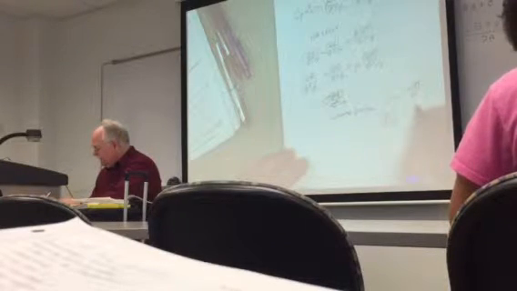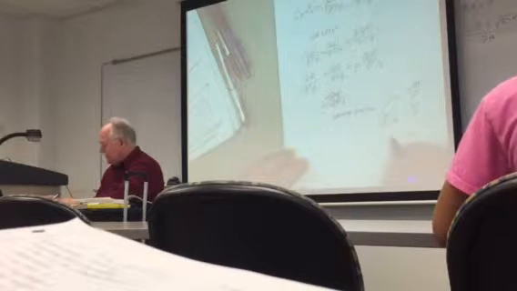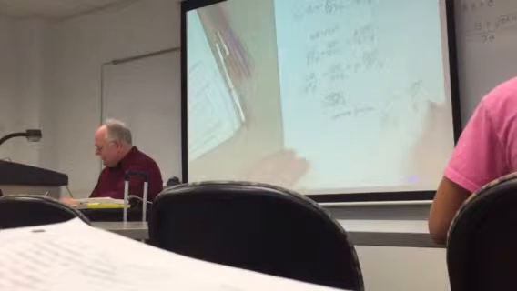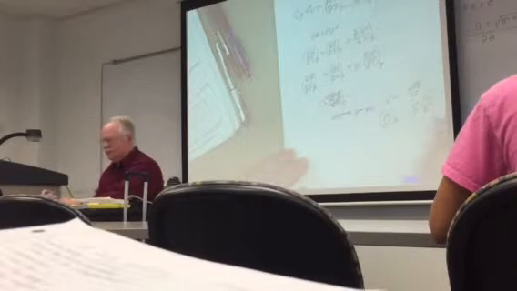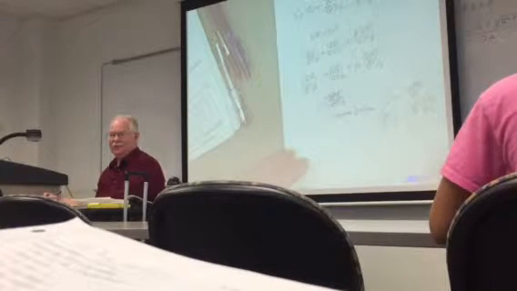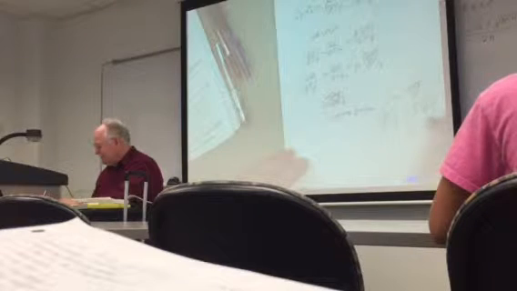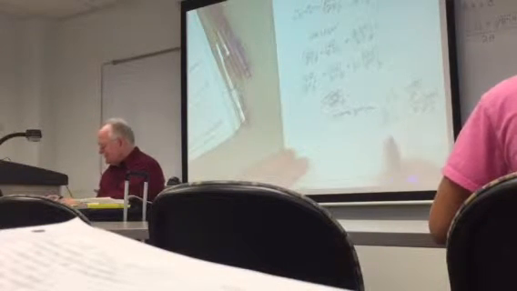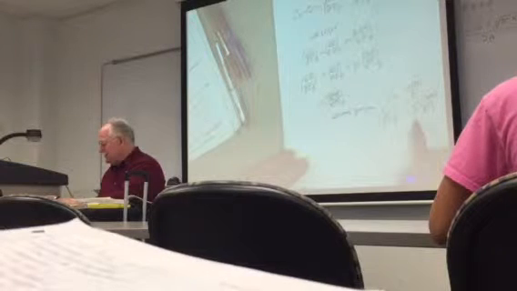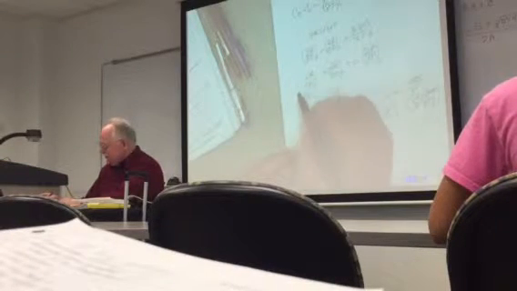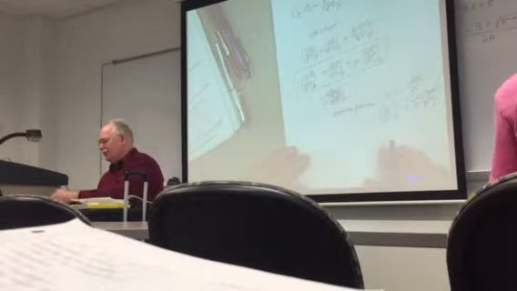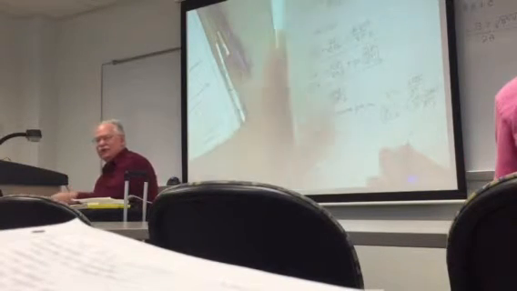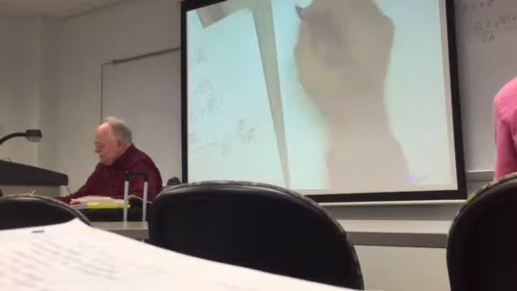Well, nR over P can now come out, and I get dT/dT. We've seen that before a couple times, haven't we? That's 1. So dV/dT at constant pressure is equal to nR over P. So I come back to that equation, which I'm going to write on the top of the next page, and substitute.